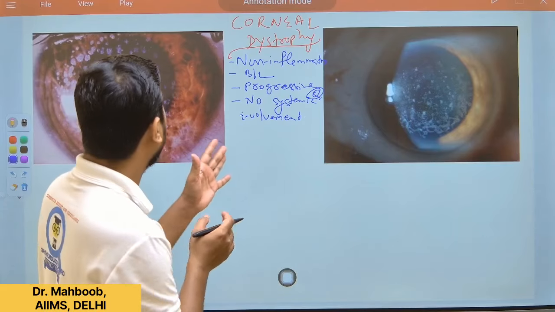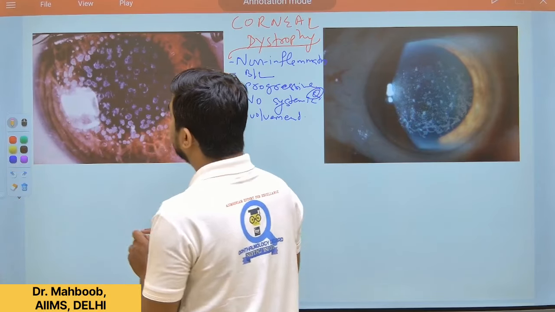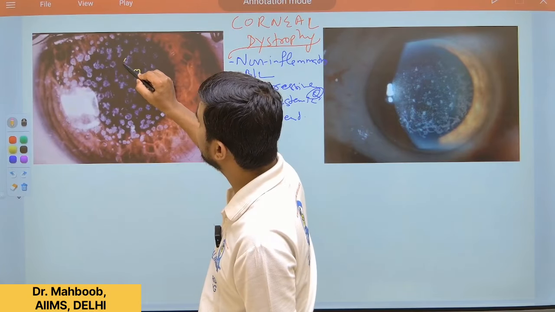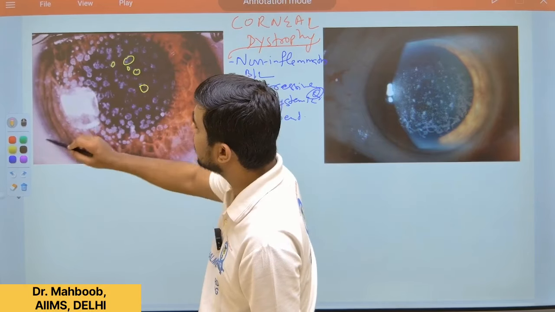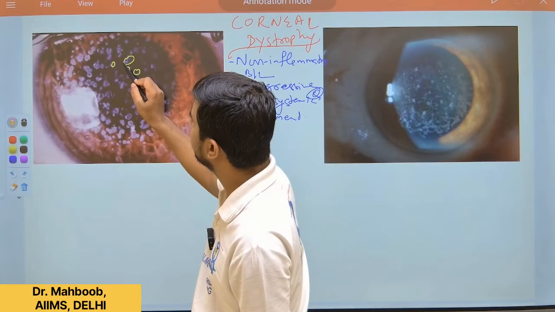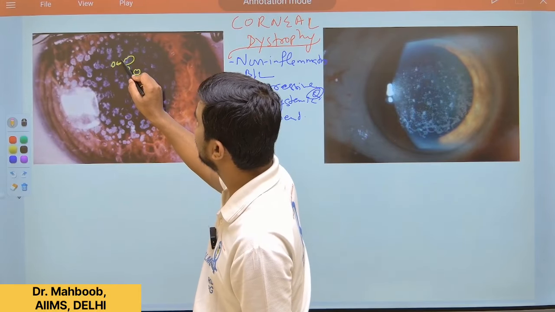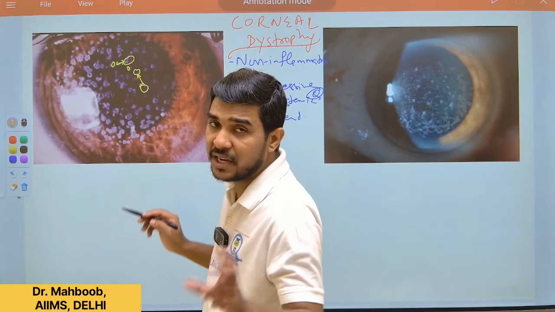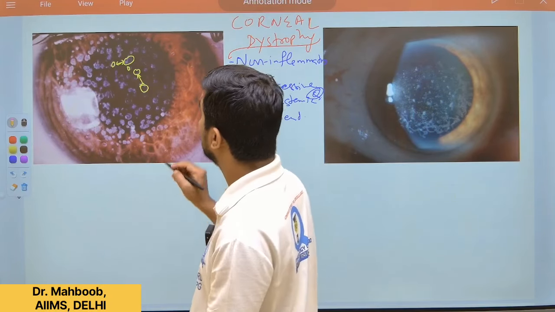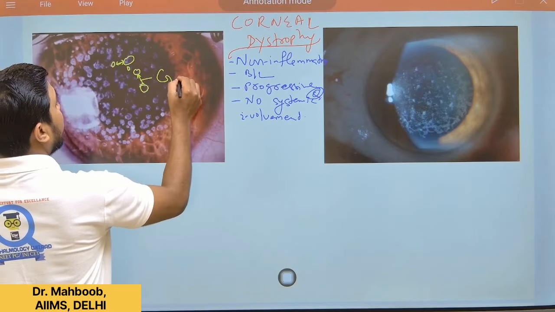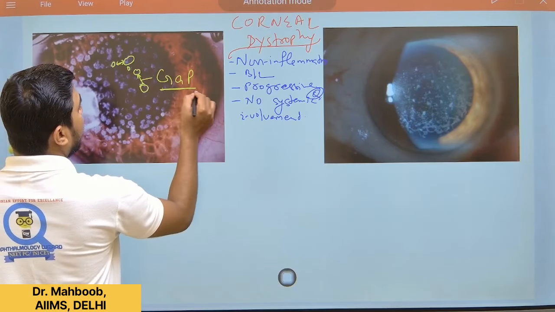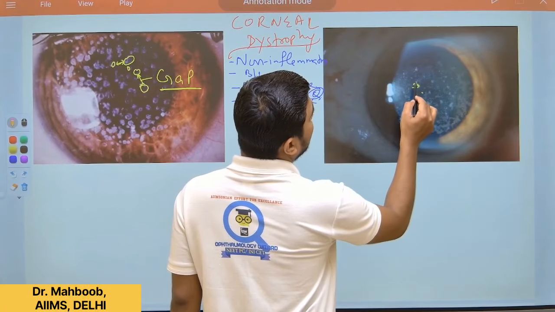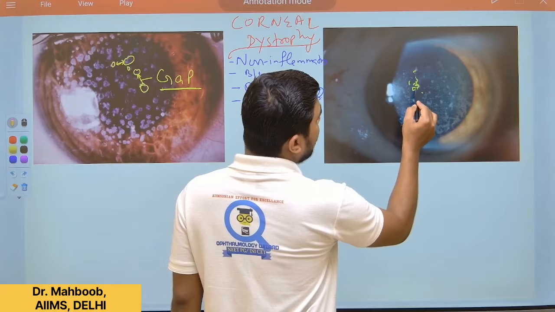Now the thing to understand: can you see here there is a lesion, but it is a very discrete lesion. You can easily see this gap. In between the two lesions, there is a very distinct gap. So the gap is here. But here, in between lesions, there is no gap.